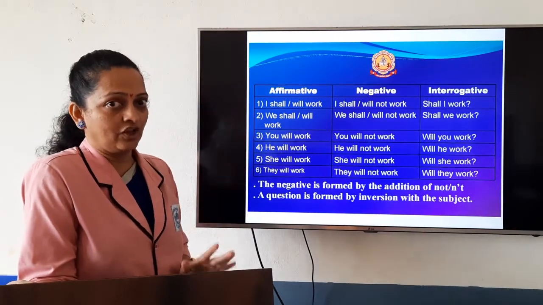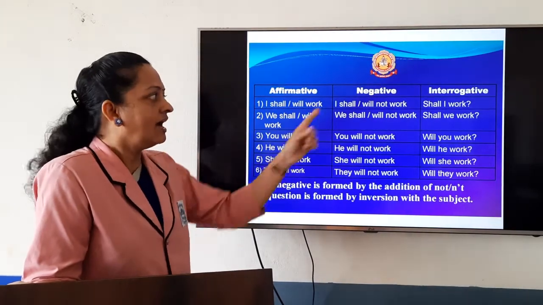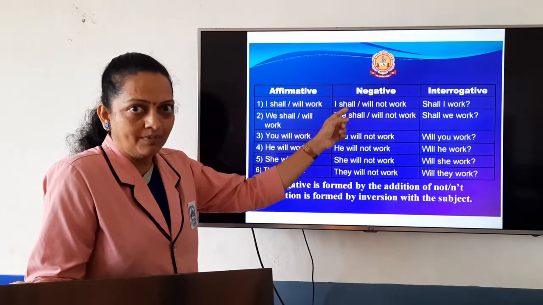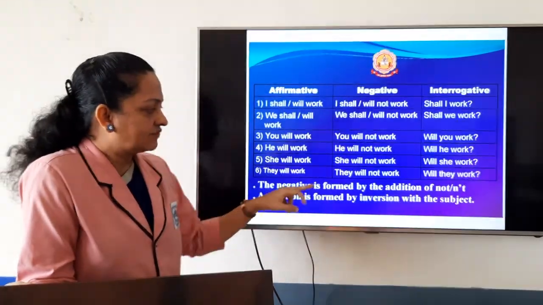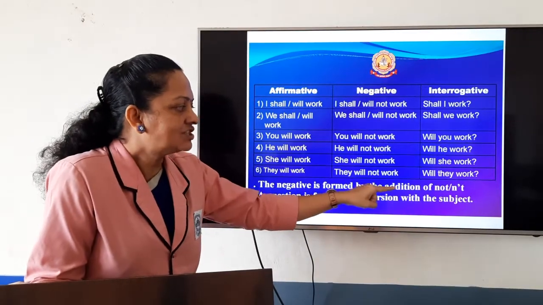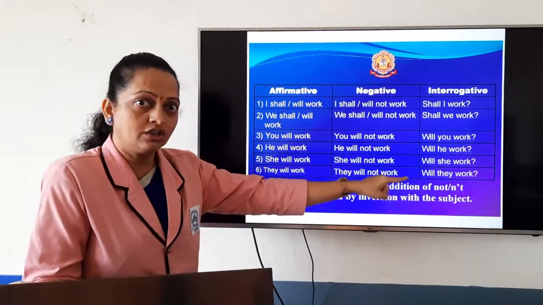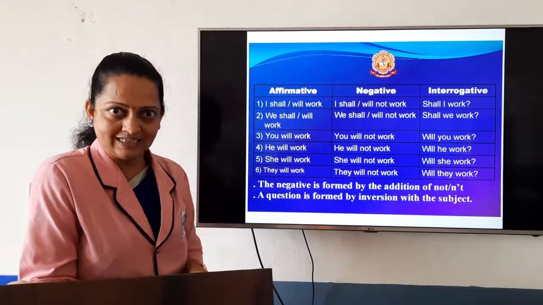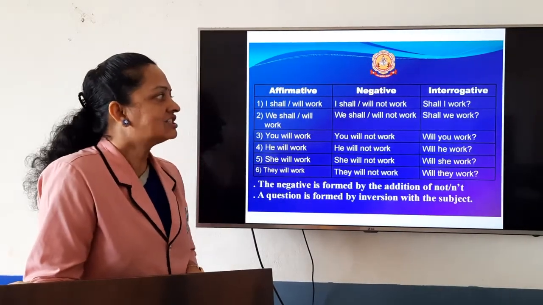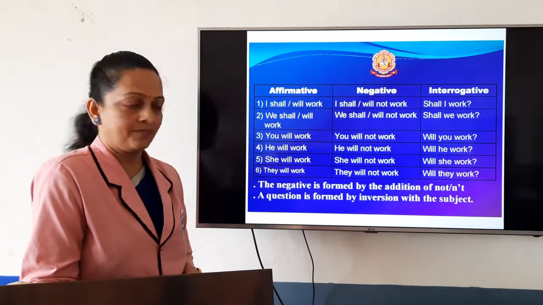Now negative. When you are forming negative sentences, if you observe, after the modal verb they have used not. The negative sentence is formed by the addition of not or the short form of not, n apostrophe t. See the examples. I shall not work.